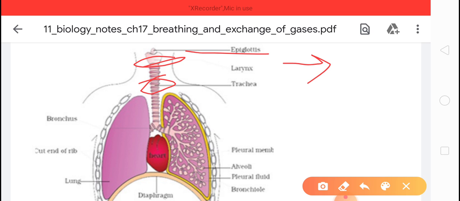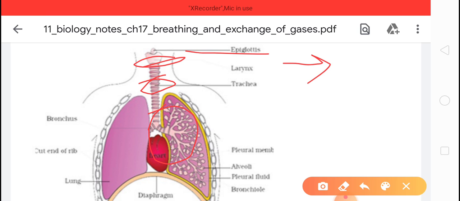So the trachea, primary, secondary and tertiary bronchi and bronchioles are supported by cartilaginous rings.